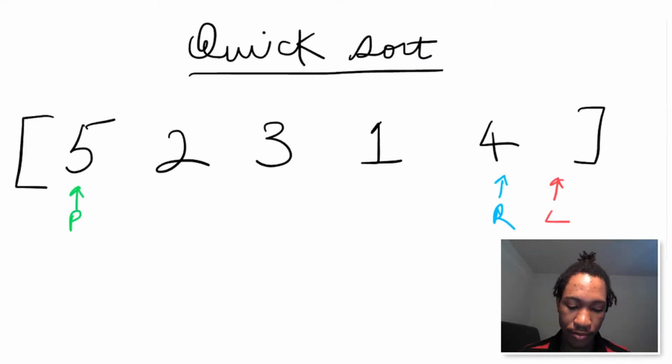So at this point, we're going to swap whatever number our right pointer is pointing to, which is 4, with the current number that our pointer is pointing to, which is 5. So we swap them.